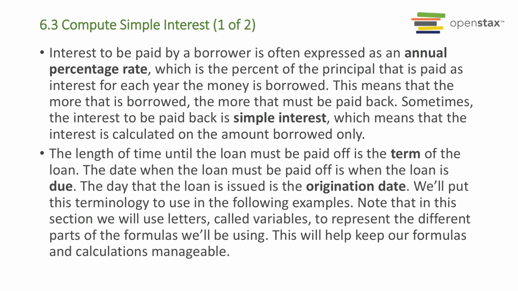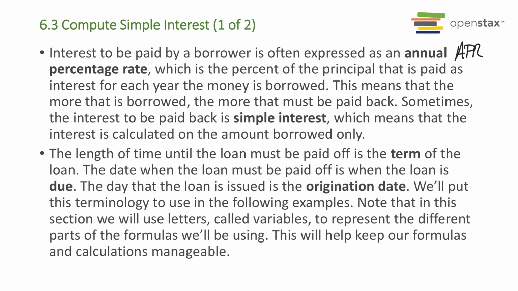So interest to be paid by a borrower is often expressed as an annual percent rate, which we'll see in financial terms as APR, annual percent rate. And this is always yearly. APR is always based on a year. The higher the interest rate, the more you're going to have to pay back or the more you're going to get paid, depending on what type of account it is.